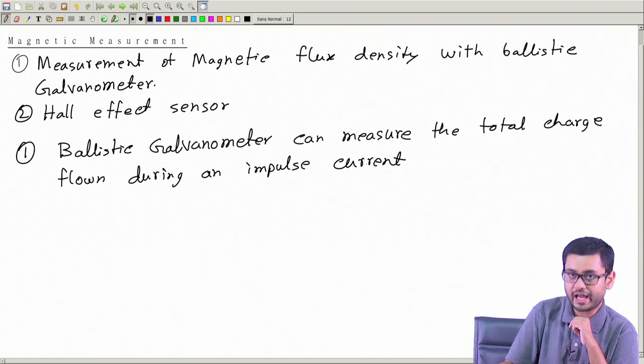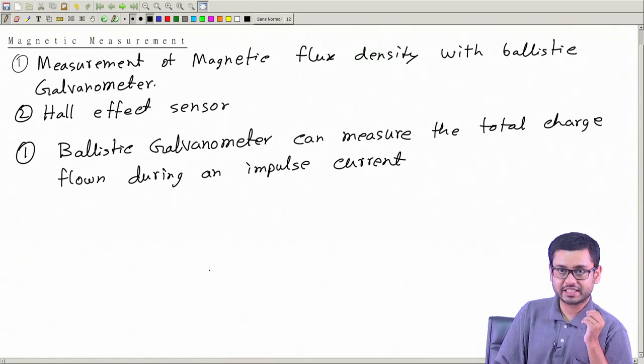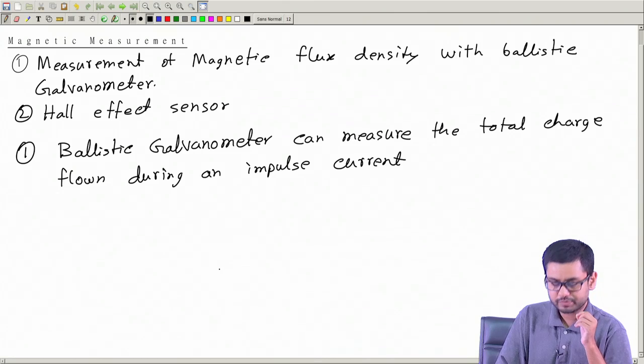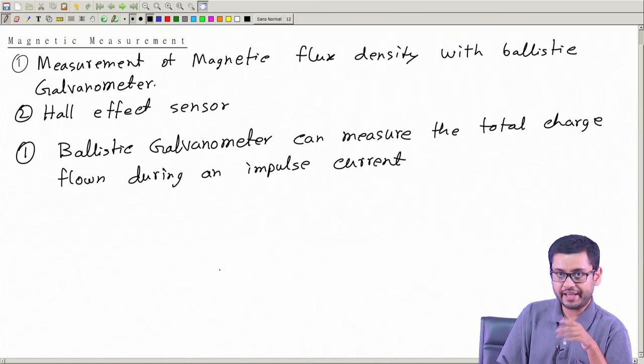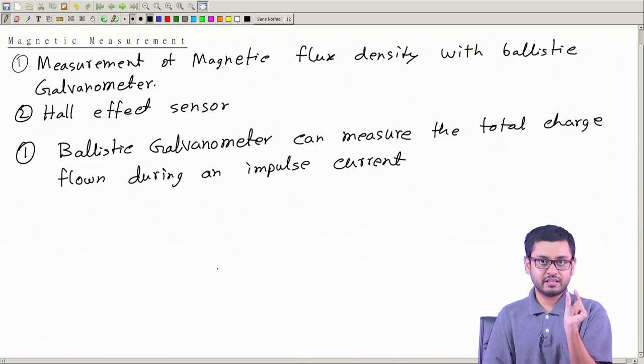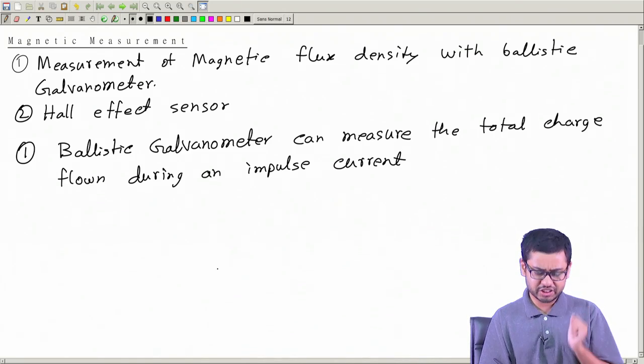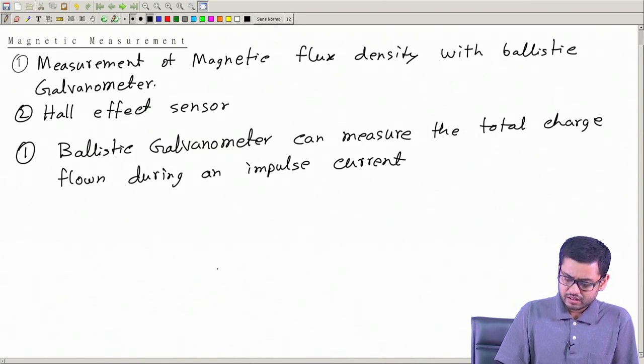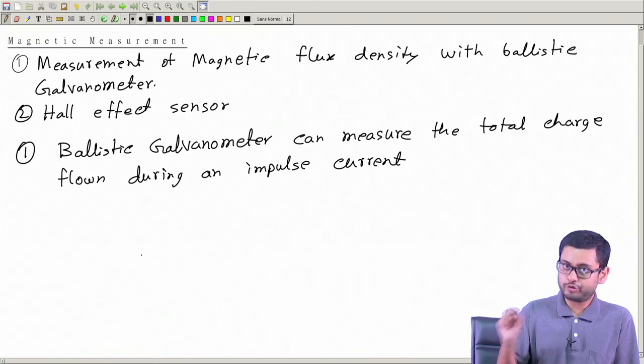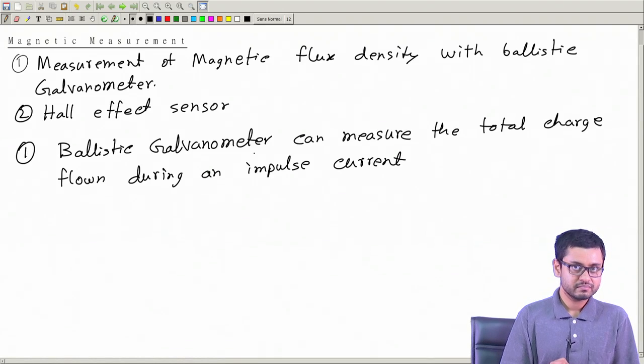If we have a very short duration current, but of high enough magnitude, then some charge will flow within that duration, and that charge can be measured with a ballistic galvanometer.